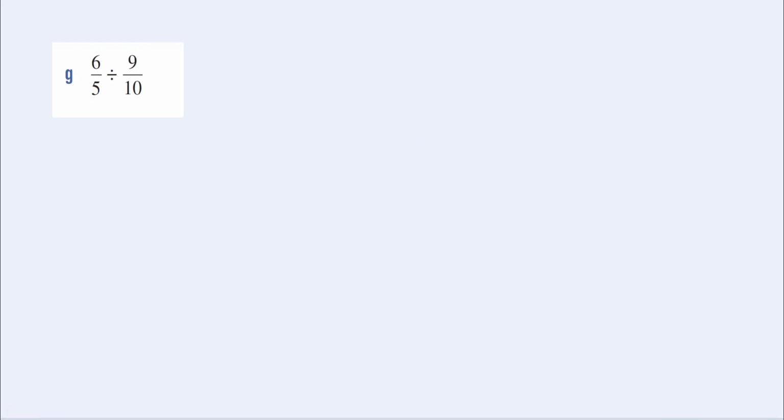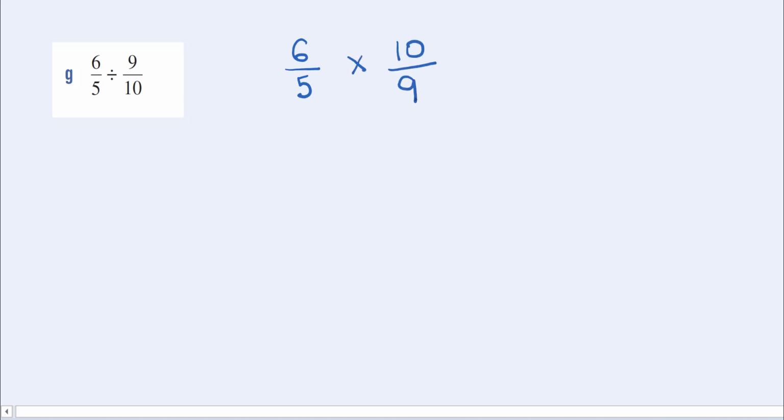Now another example here, 6/5 divided by 9/10. So what I'm going to do is put 6/5 as it is, change that division sign to multiplication, and flip the second fraction over to 10/9. Once you've done that, I'm going to simplify this fraction first.